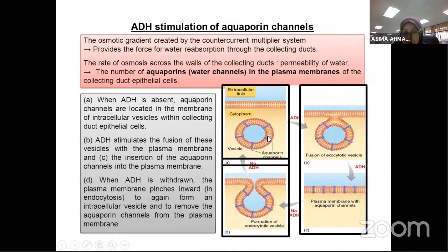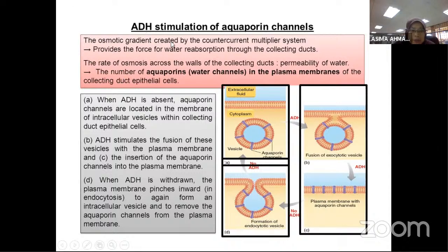Aquaporin ni this protein channel, protein channel that allows for movement of water passing through it. So about this ADH, ADH stimulation of aquaporin channels. So ADH stimulates more aquaporins to be present on the plasma membrane of the collecting duct.